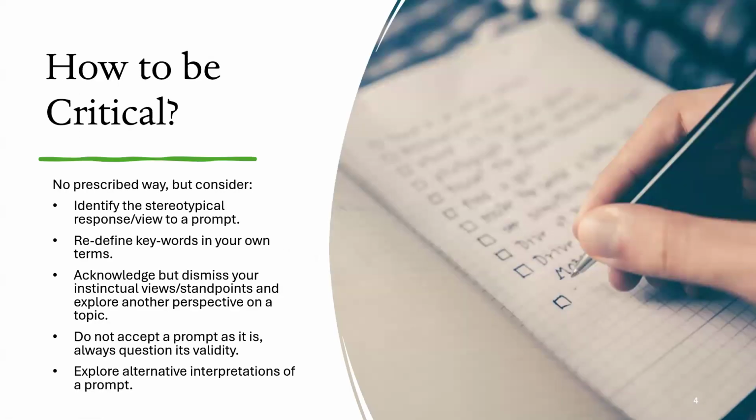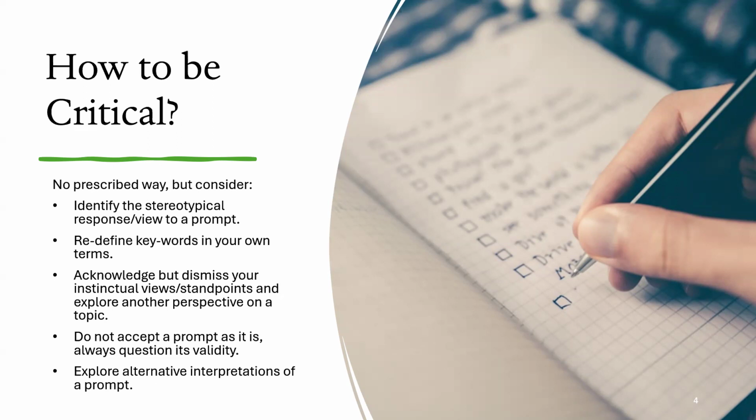So, to summarize what I did in the previous page, how do we actually be critical in section 2? Well, there's no specific way, no prescribed criteria or step by step, but some things that you can do is, firstly, identify the conventional view to a prompt. This is important because as humans, we're all subjective, we've all got biases.